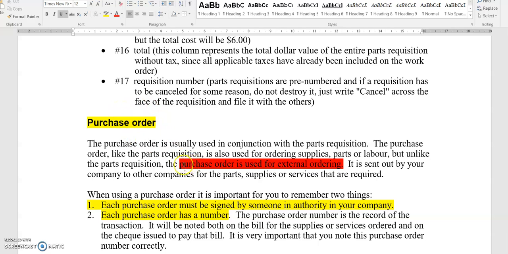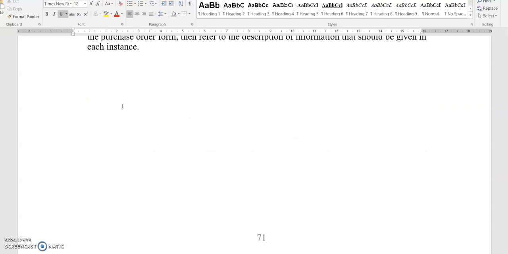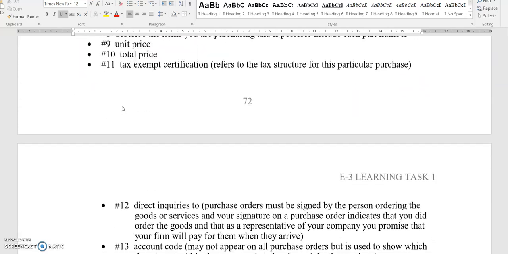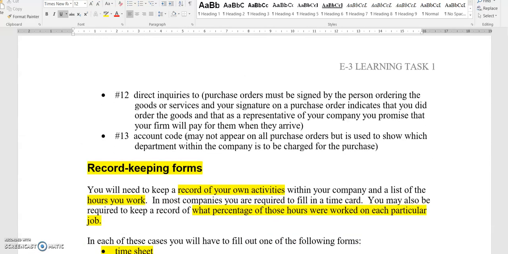So that's used for external ordering, and purchase order will have a number specific to the job that it's applied to, and then it will be signed by someone in your company who is authorized to issue a PO number, because this becomes a binding agreement between your company and the outside source, very similar to work order. And you had an example of purchase order filled out as well.